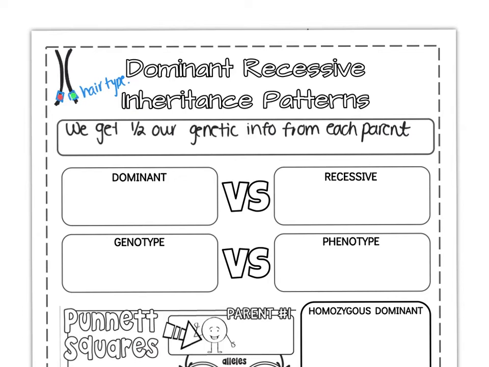And depending on how these two interact with one another will dictate what type of hair I get, okay? So, alleles determine our traits, and they are located on genes in our DNA.